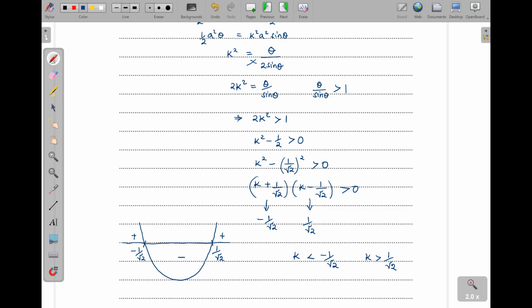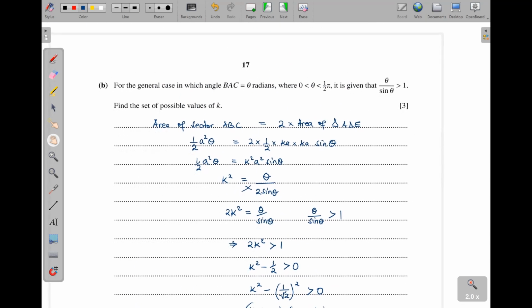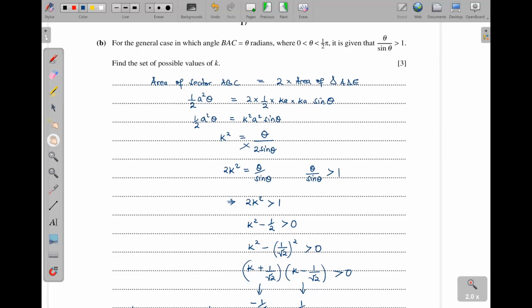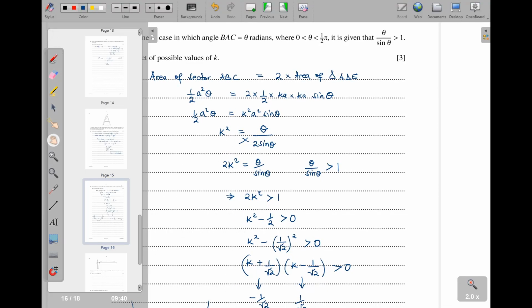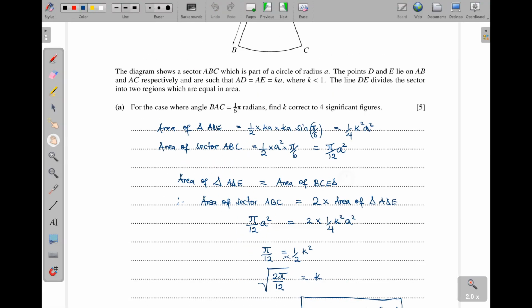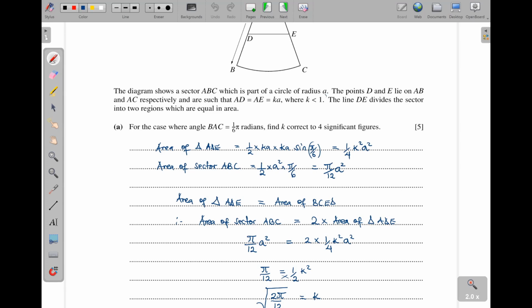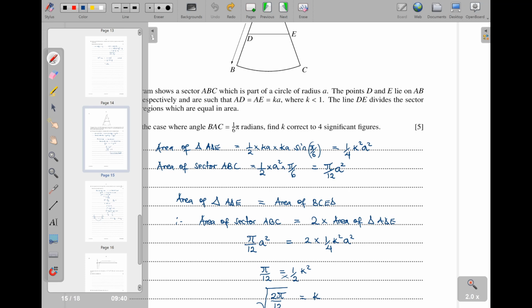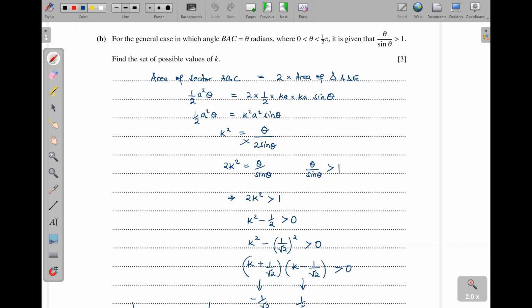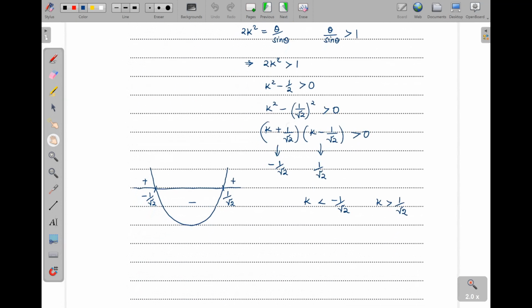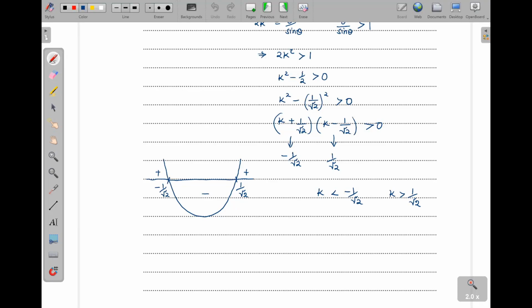Okay, but then up here, they told us from part A, because this stems from A, that k has to be less than 1. So if k is less than 1, I can add here a 1 and also a minus 1.